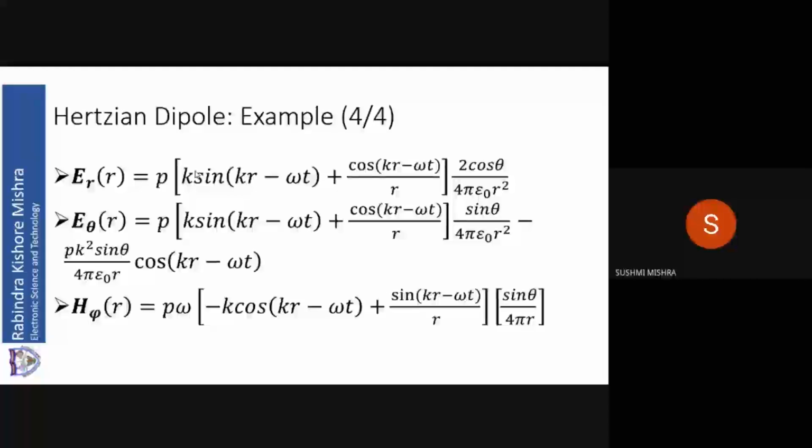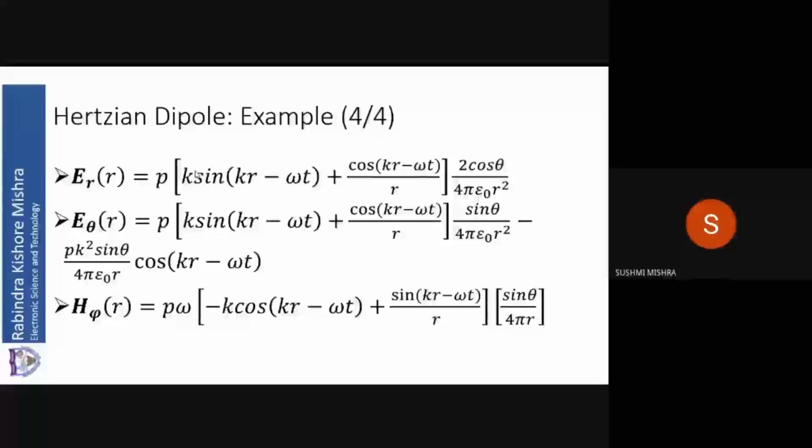Similarly, H phi will become the same. The first part will remain as it is. Only thing is, we'll multiply an omega, and sine will become cosine, because how are we finding H? E and H are related by curl or a differentiation. So sine will become minus cos. Similarly, cos will become sine. So that remains as it is. We are differentiating it with respect to time.